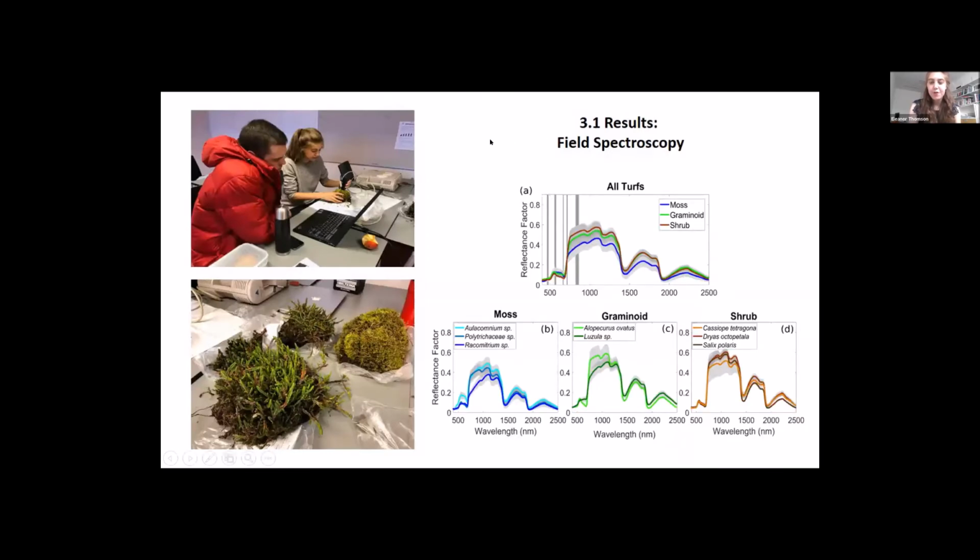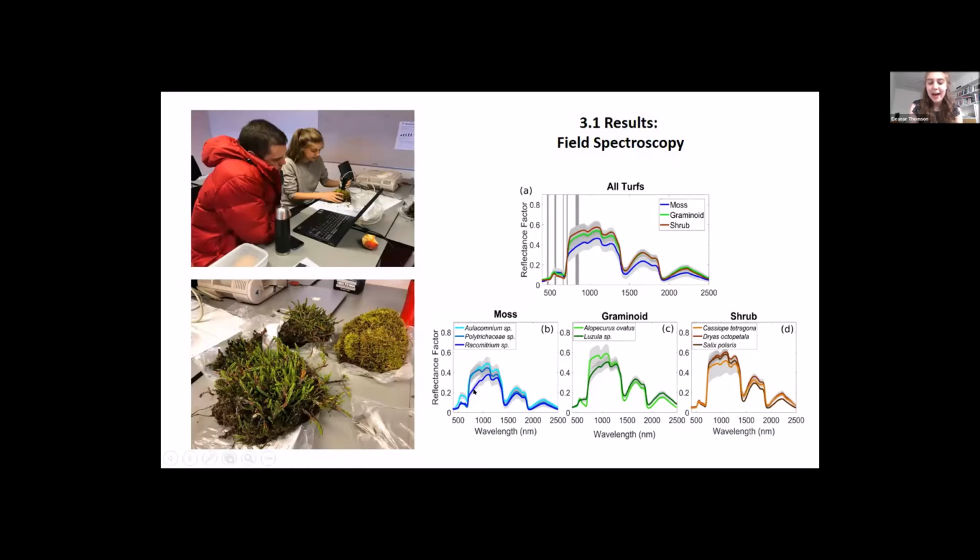Here are the results of the field spectroscopy. So we have the 3 different plant groups here. We have mosses, graminoids, and shrubs. And you can see that there are some quite clear differences between these spectral curves, which gives us confidence that we can distinguish between these different plant groups.